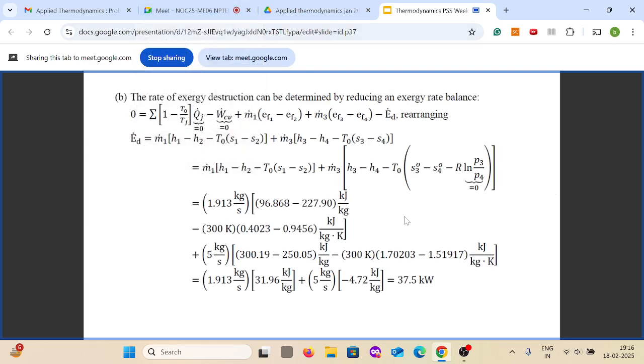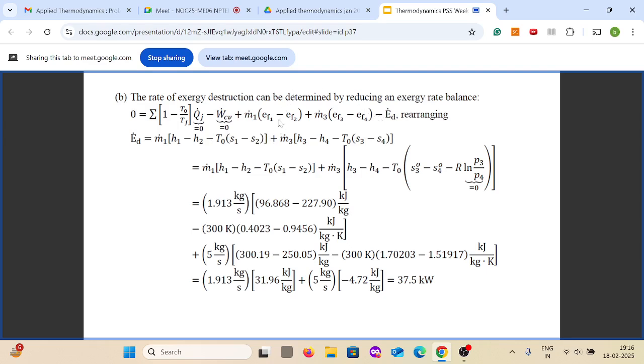Then the rate of exergy destruction can be determined by using an exergy rate balance. Exergy due to heat transfer is 0 as there is no heat transfer, and there is no work transfer, so W is 0. So exergy destruction is exergy in minus exergy out.